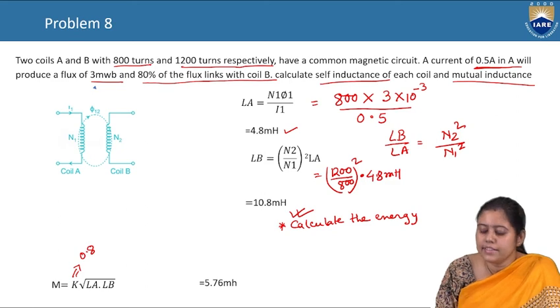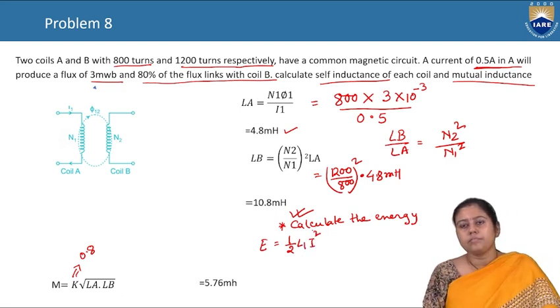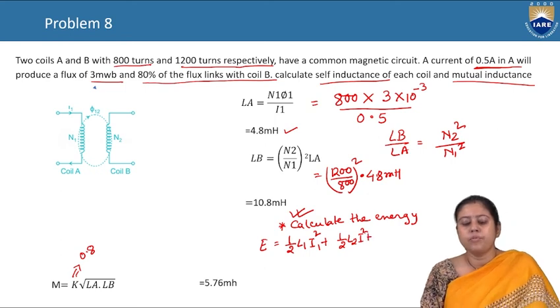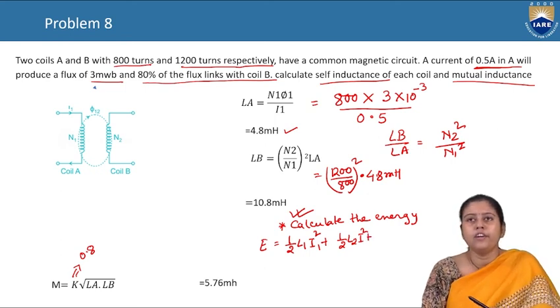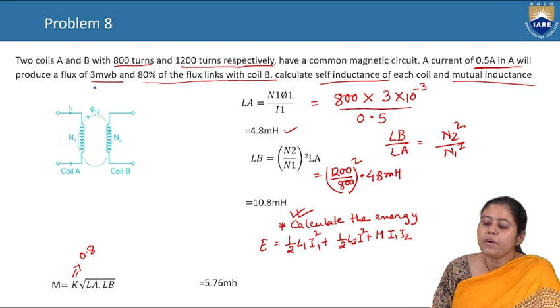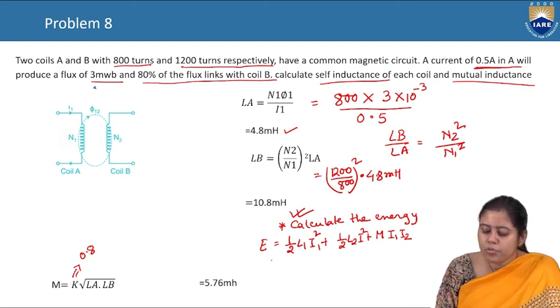The total energy is given as half L1 I1 square plus half L2 I2 square plus M I1 I2.